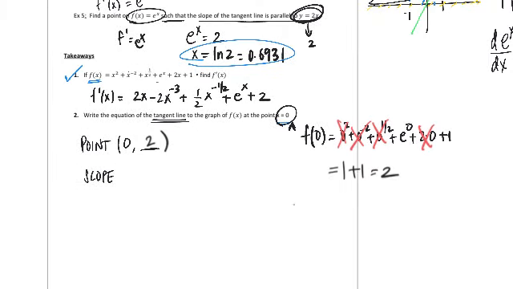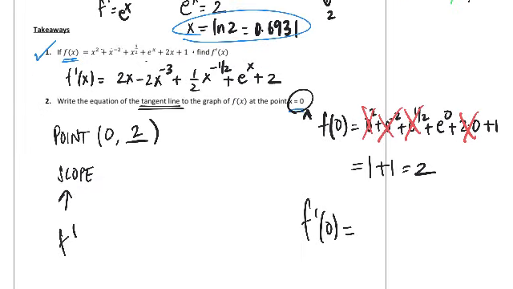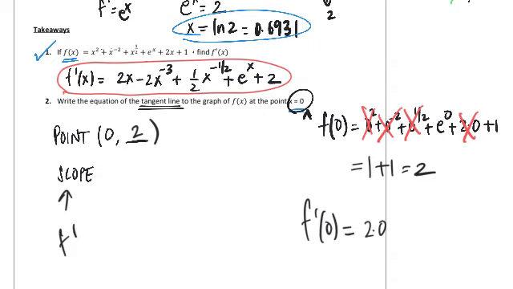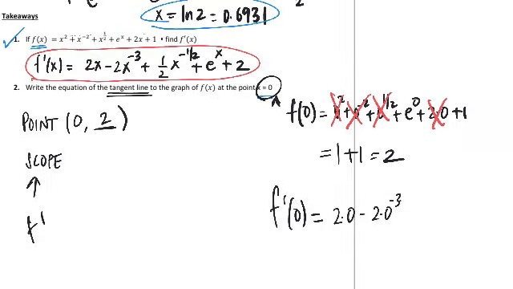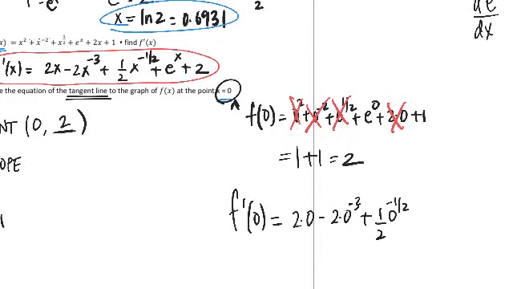And for f prime of 0, that's the slope, right? The slope is f prime. I come to this equation right here that I found, and I put in 0. So f prime of 0 would be 2 times 0, that's 0, minus 2 times 0 to the negative third, that's also 0. Any power of 0 is 0. And then 1/2 times 0 to the negative 1/2, that's 0, plus e to the 0 plus 2.